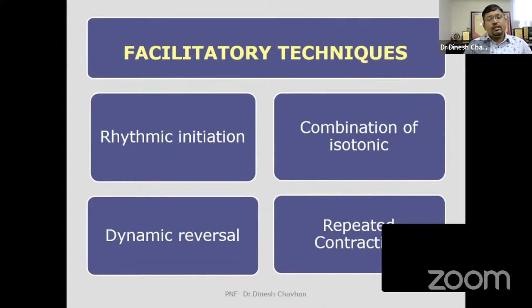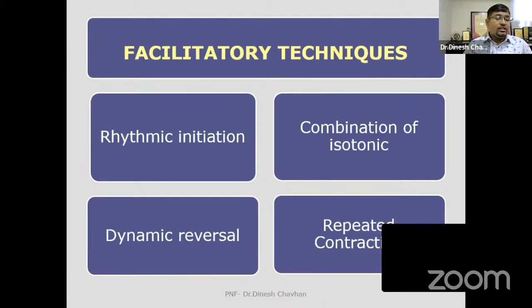After that, we start with resisted movement in a small range. As we increase the range, we go from active assisted to resisted, and if we achieve a complete range by giving resistance in a small range, we go for active range of motion.